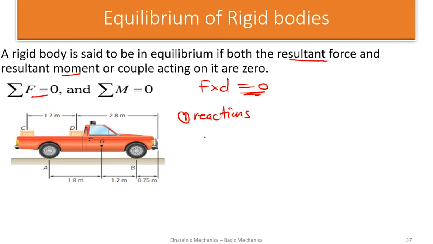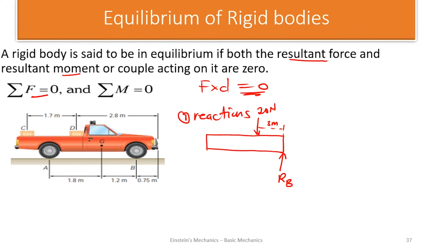So let's talk a little about moment. What is moment? I have a reaction here, RB. I have a force of 20 newtons, and the distance between this and that is 3 meters.